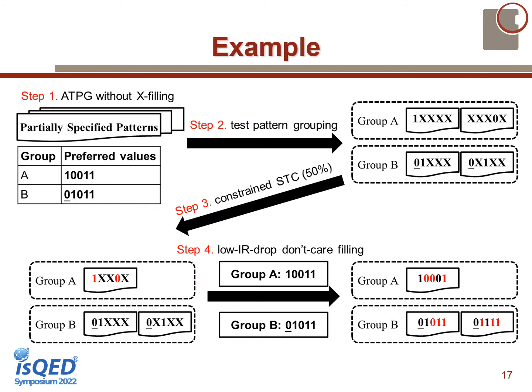In step 1, we regenerate 4 partially specified patterns. In step 2, we group them by IBA. In this case, it is bit 1 equals 0.